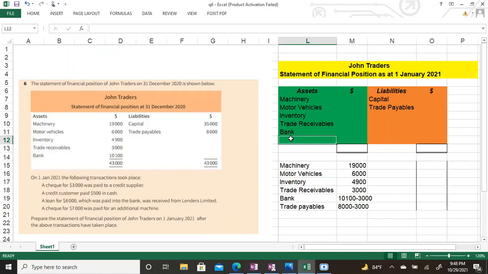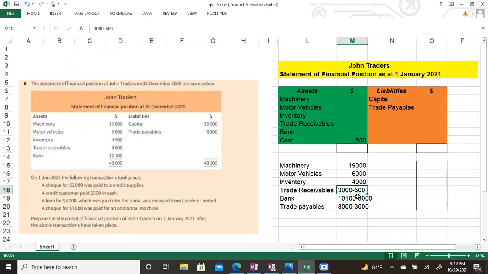So here I am writing cash, and my cash will increase by 500. And account receivable, this is my trade receivable. Trade receivable will decrease by 500. So one aspect is that the cash is increasing by 500, and the other aspect is that the trade receivables are decreasing by 500.